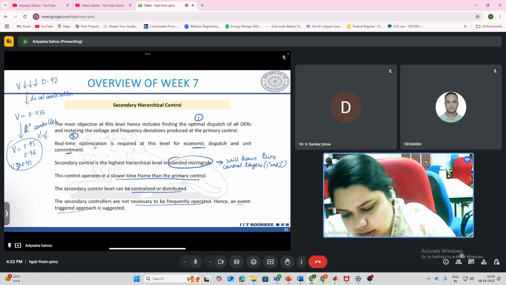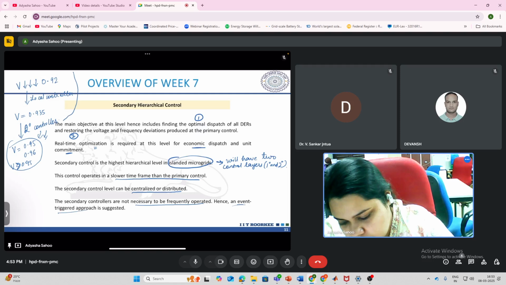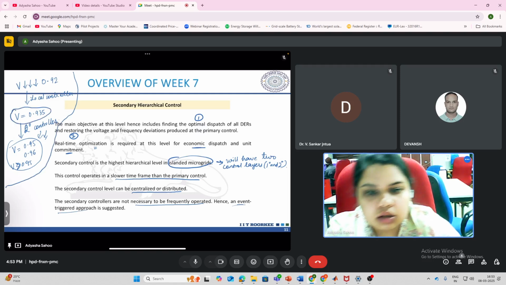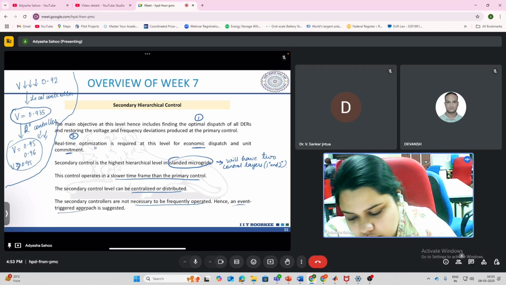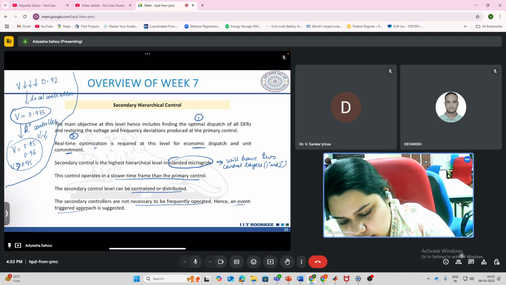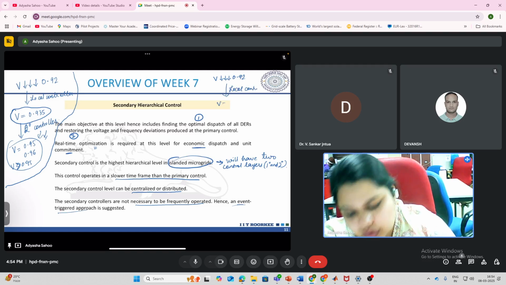What it means is that here we saw that after the local control layer, the voltage was not within the acceptable limits, so you needed a secondary control layer. But let's say the voltage was at 0.92, and with the local control action the system voltage improved to 0.95.